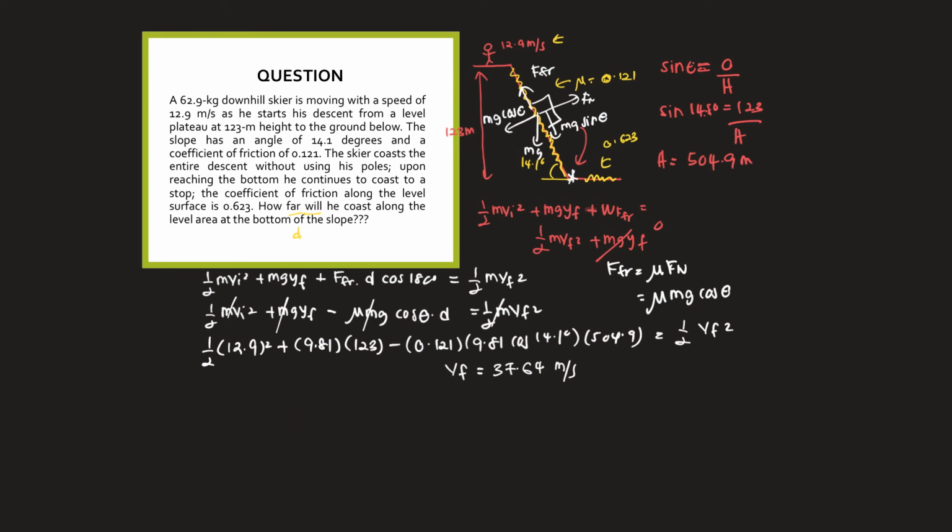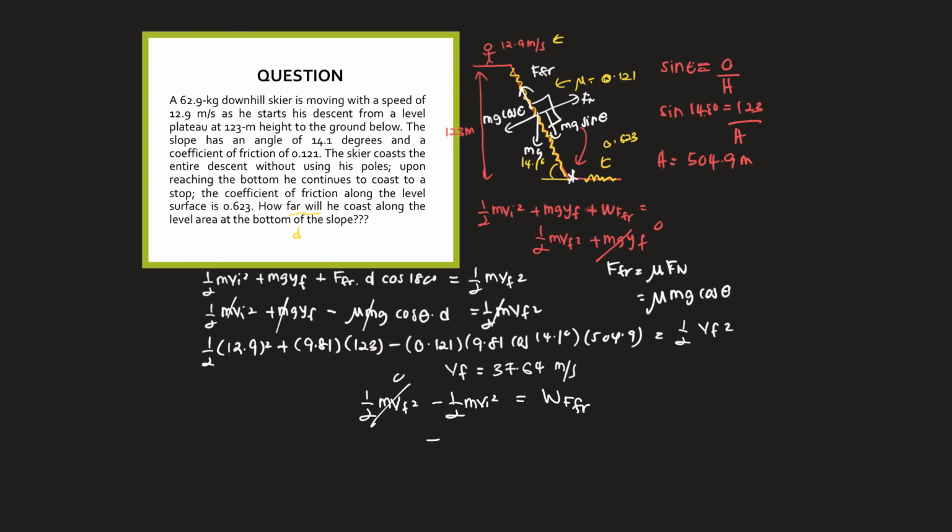Or you can actually use the work energy theorem, which means I'm going to put it as half mv final square minus half mv initial square equals work done by frictional force. Okay, that's the work energy theorem. Because it's going to stop, the final is going to be 0.